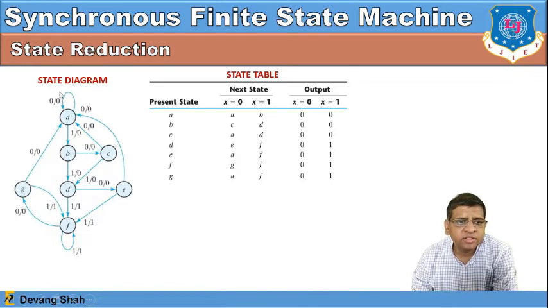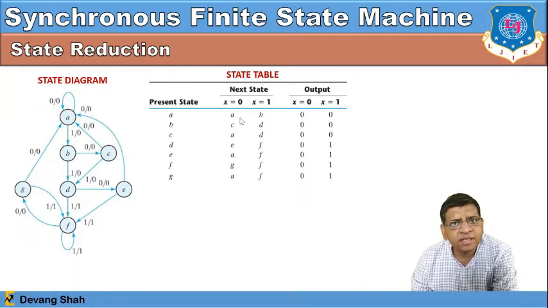So the first 0 is input x equal to 0, and that states the next state, A and B, right? And the 1 is x equal to 1. So you can see from the present state, the next state and output in both conditions, x equal to 0 and x equal to 1.